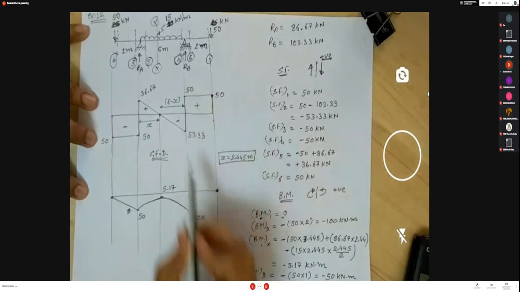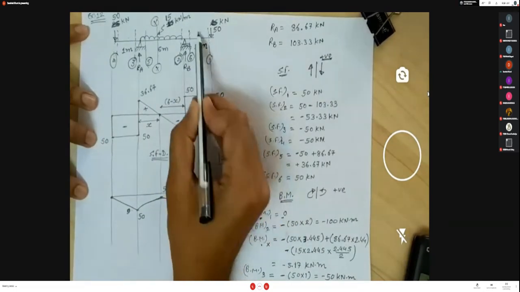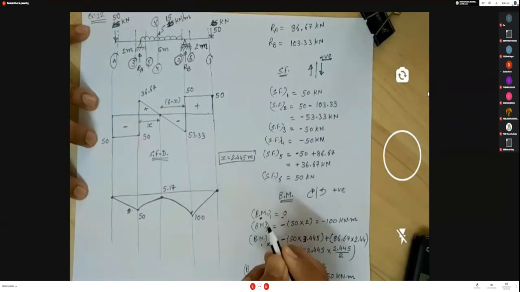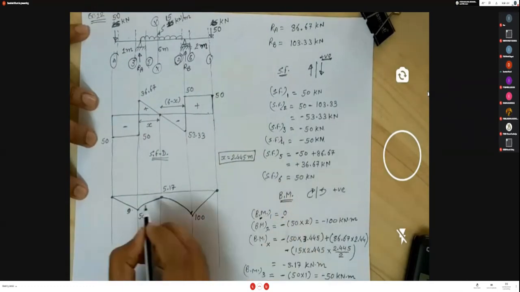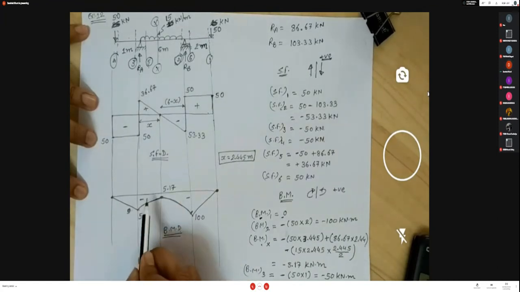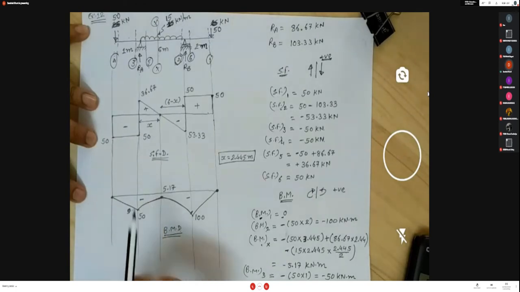And then again between these two sections, there is no loading between the 2 points, so the variation is again linear. So the whole diagram is negative, which means at no point does our diagram change from negative to positive or positive to negative. So here we do not get a point of contraflexure.